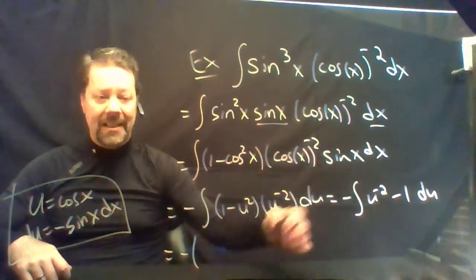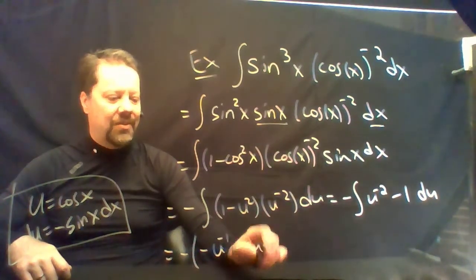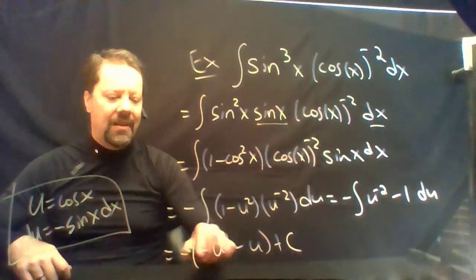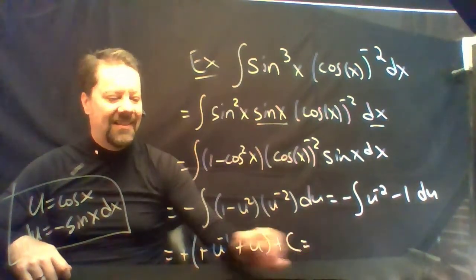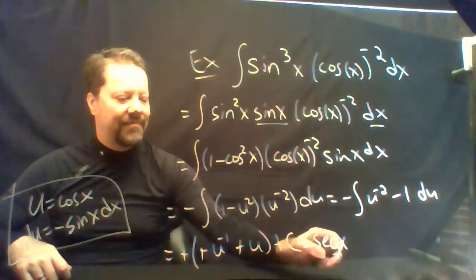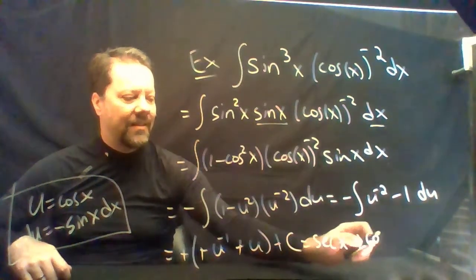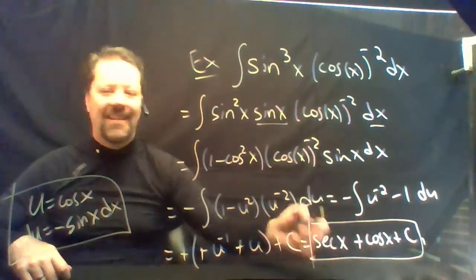Integrating, we add 1 to the exponent and divide by the new exponent, and then minus u plus c. We can distribute this minus. Everybody becomes plus. 1 over cosine is secant plus cosine x plus c. That's it.